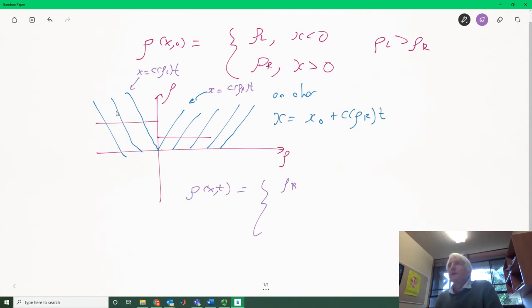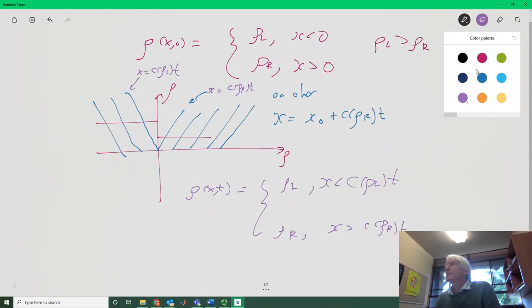So over here the density continues to be rho left, and we have x must be less than c of rho left t. And then we have likewise rho R if x is greater than c of rho R t. But the question is what happens in the middle in this expansion fan.